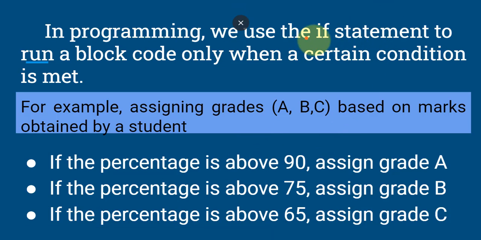We can apply the method of using the if statement. Before we do the actual demonstration on how to use it in C++, let's first discuss the theory and the syntax of C++, particularly on the use of the if statement.